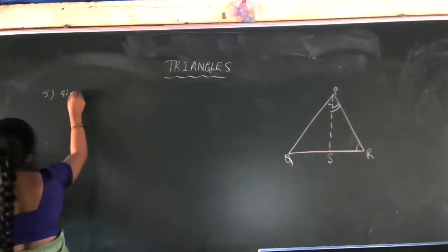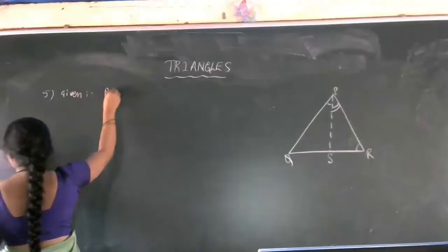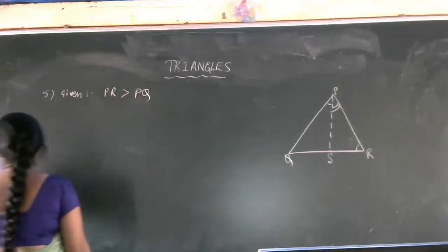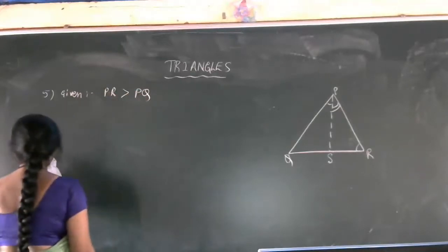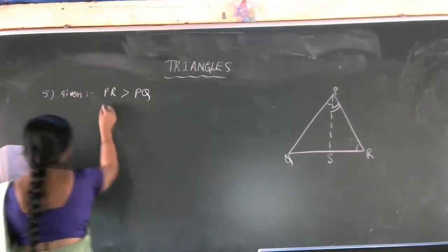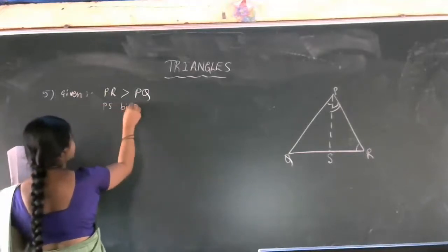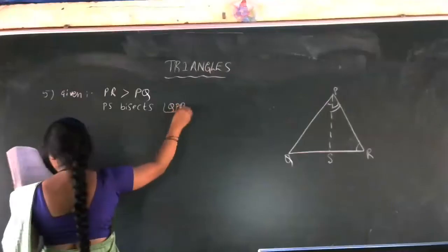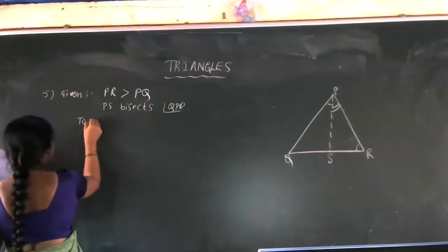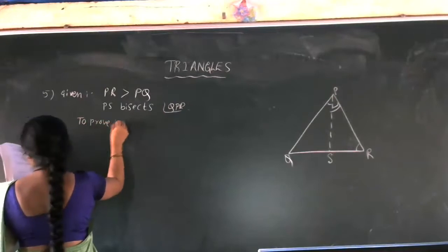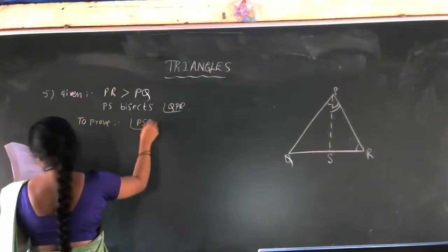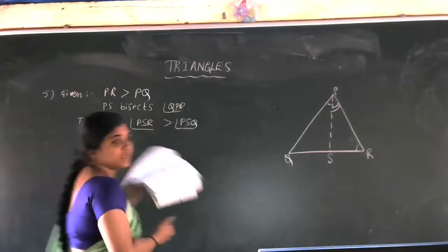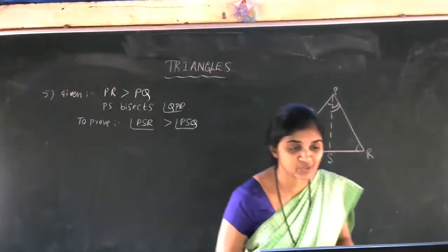Okay, I'll list out the given data. In the figure, PR is greater than PQ. And PS bisects angle QPR. Prove that, what do we have to prove here? Angle PSR is greater than angle PSQ. We have to show angle PSR greater than angle PSQ.